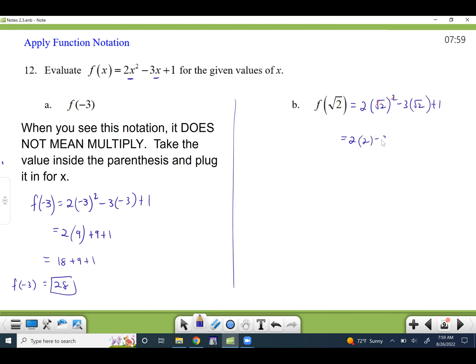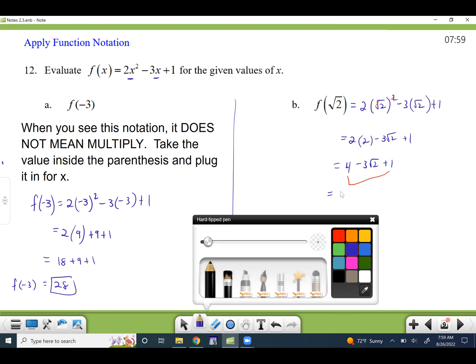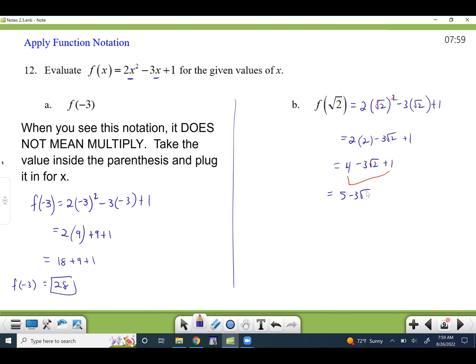And 3 times root 2 is 3 root 2. So 2 times 2 is 4. And then when we combine like terms, right? 1 plus 4 is 5. There we go. So f of the square root of 2 is going to be 5 minus 3 root 2.